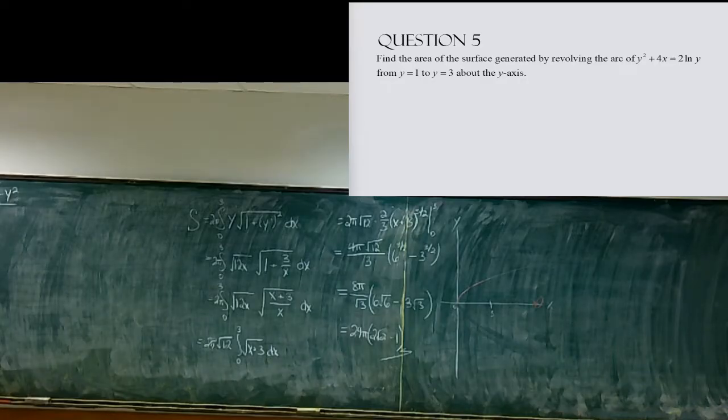That's because we're doing it about the y-axis. We need x prime. Well, again, 1 over 4 is a constant. So it's going to be the derivative of the numerator over 4. What's the derivative of log y? So we get 2 over y minus 2y.